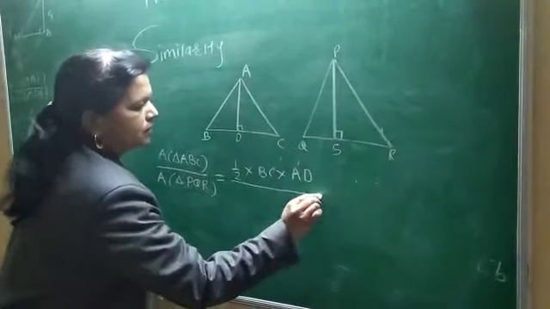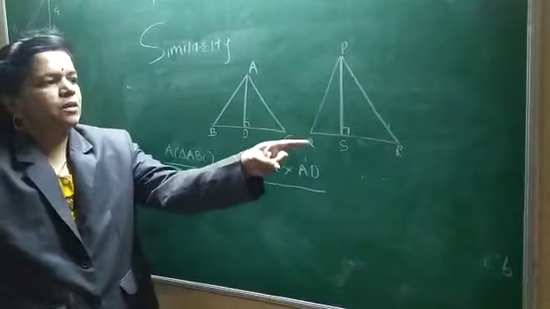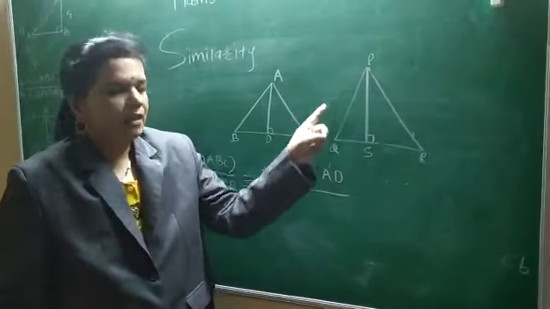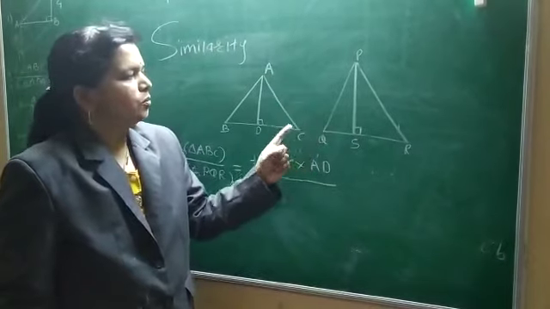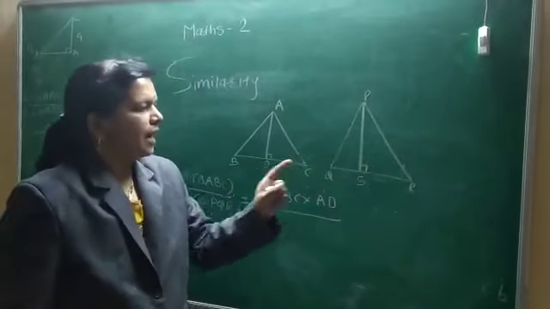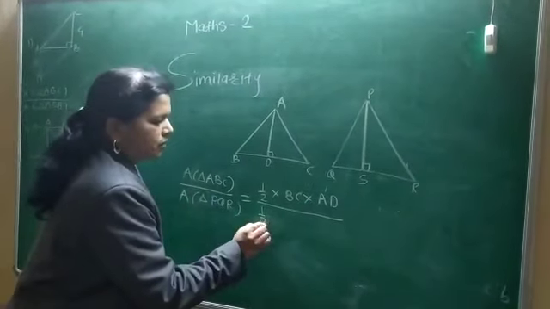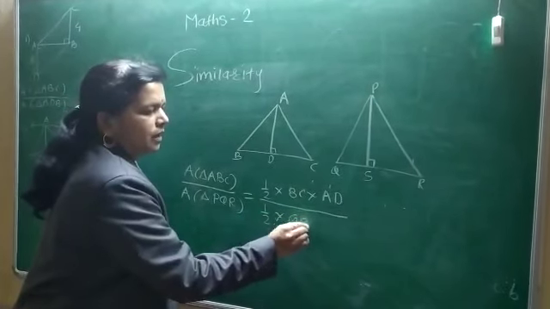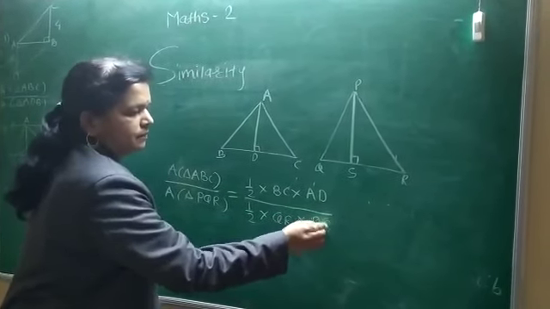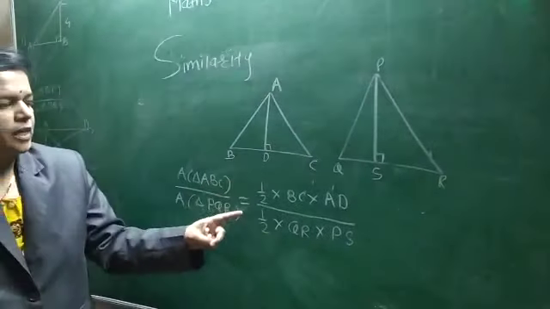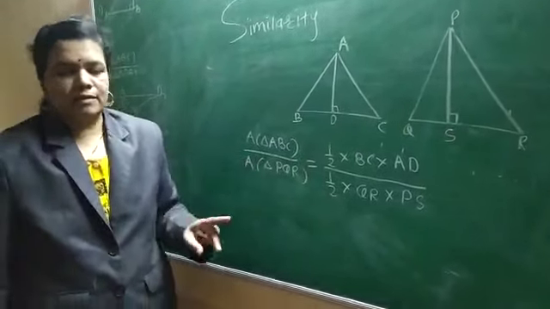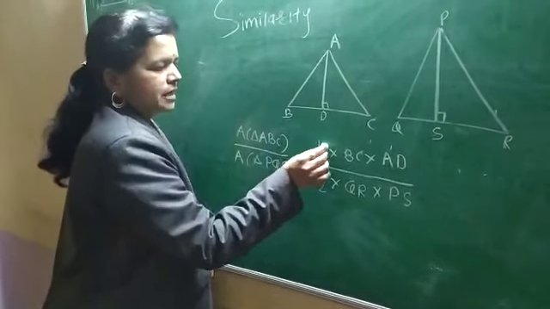Now the second triangle, that is PQR. What is the area of triangle PQR? The same formula: 1 upon 2 into base into height, that is 1 upon 2 base QR into height PS. By using the formula we have written the ratio of areas of two triangles. Now 1 upon 2 is cancelled.